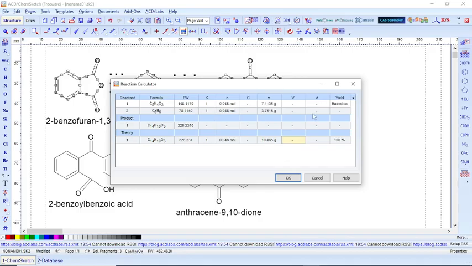Then I will come to this density, type in the density of benzene 0.873. So once I type in that density of benzene, 0.873, what did you notice? It has automatically calculated the volume I need. Are you seeing it?